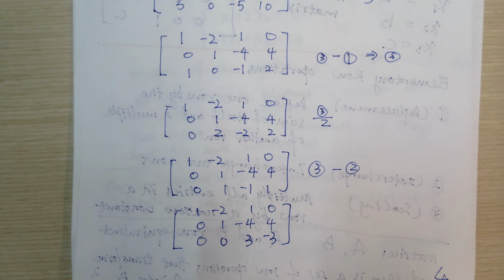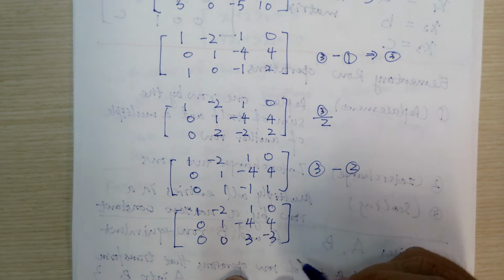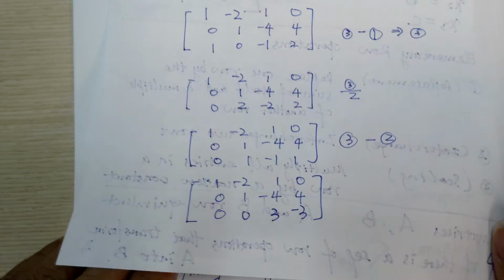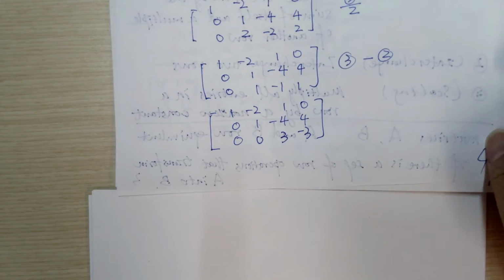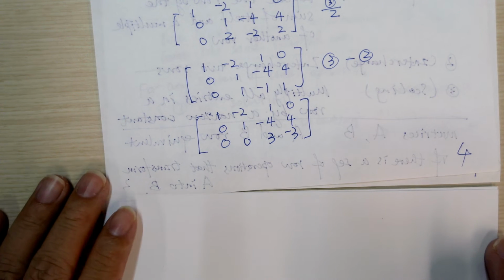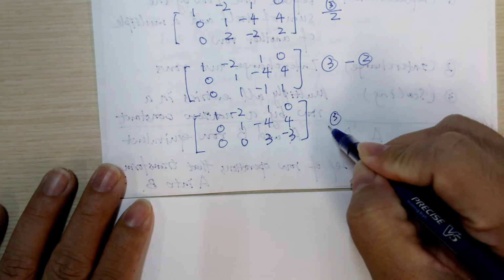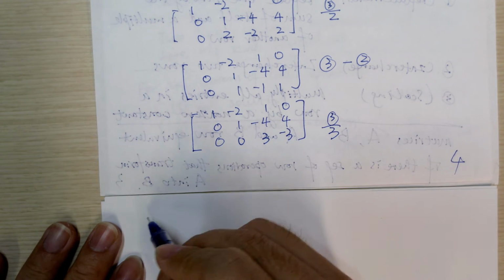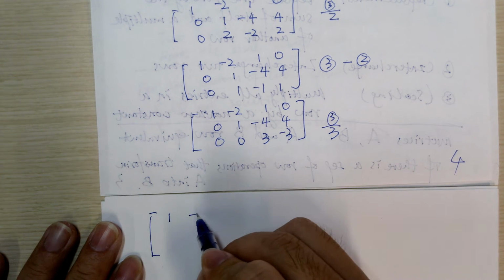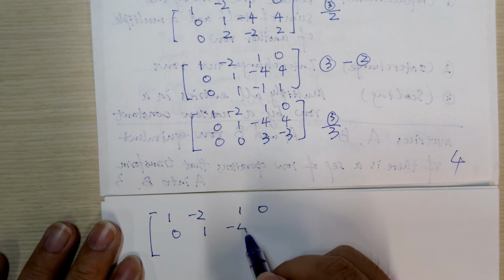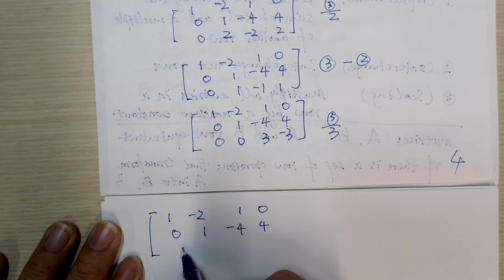Now if we continue this process, we can still let row 3 be divided by 3. So now this is what we get: 1, negative 2, 1, 0; 0, 1, negative 4, 4; and 0, 0, 1, negative 1.